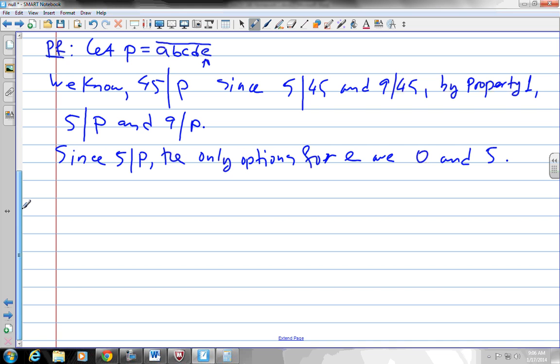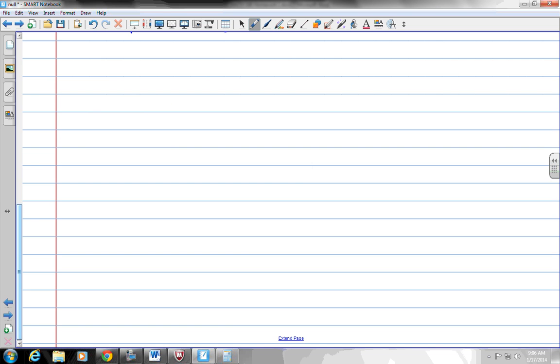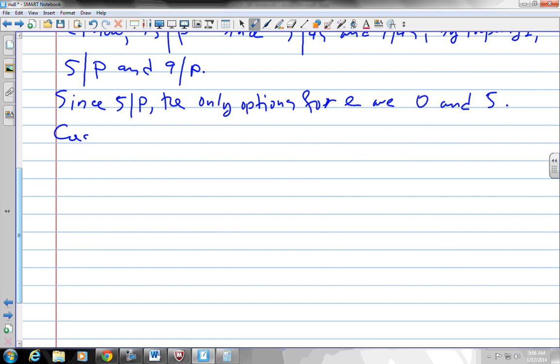Okay, so let's consider the first case, case 1, e equals 0. Okay, so therefore our number right now is a, b, c, d, 0, like that. Right, the last digit is 0, so it is divisible by 5.